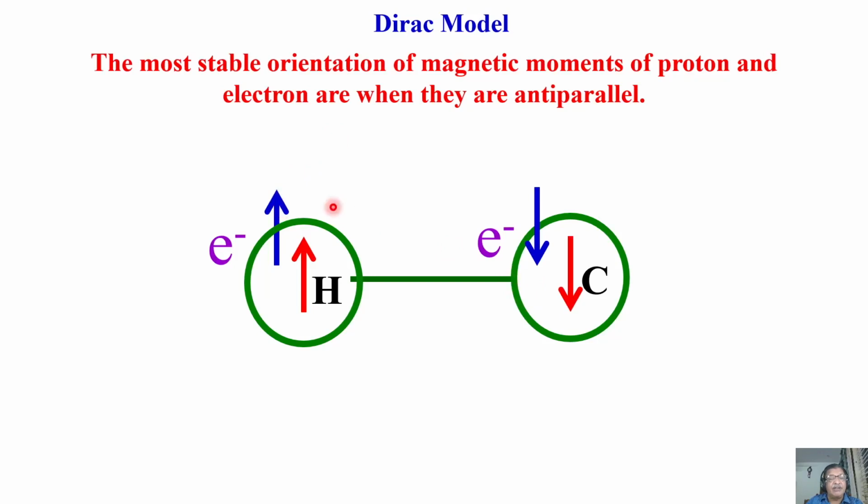Then I said, according to the Pauli principle, this electron and this electron are paired, and as a consequence of this electron being down, this proton has to be up. This is as good as telling, because the magnetic moment of the electron is negative.